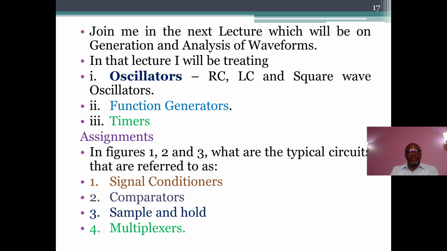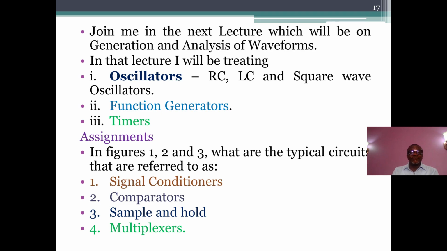So, in figures 1, 2, and 3, which you have seen in this lecture, what are the typical circuits that are referred to as signal conditioners? That is, if you open that box we call signal conditioner, what are the typical circuits you will see inside? If you open the box we call the comparators, what and what are you likely to see inside the circuit?